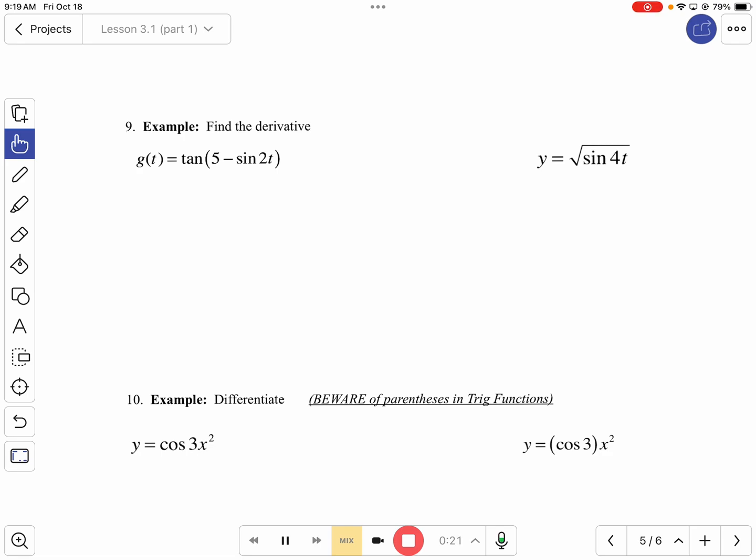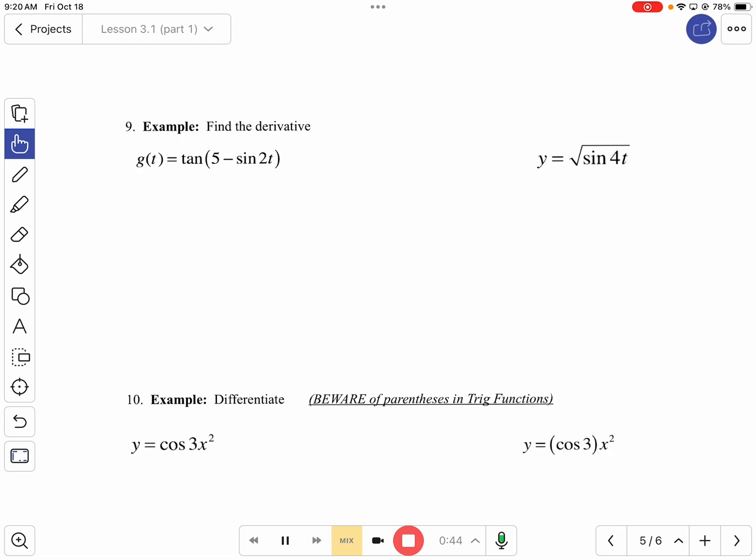All right, so let's see if we can find the extra composition along the way. There will still always be an obvious outside function. So if we look at that first one, g of t equals tangent of 5 minus sine 2t. What is the obvious outside? Tan.